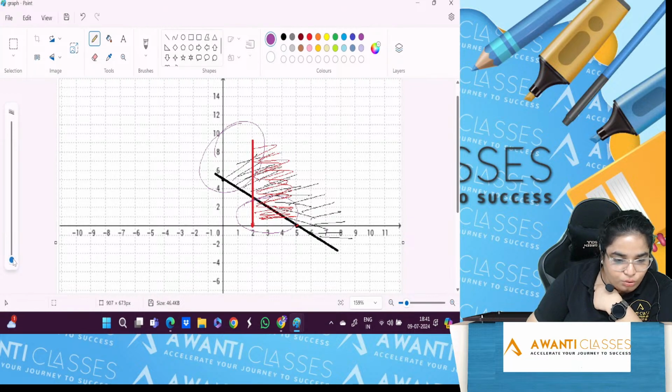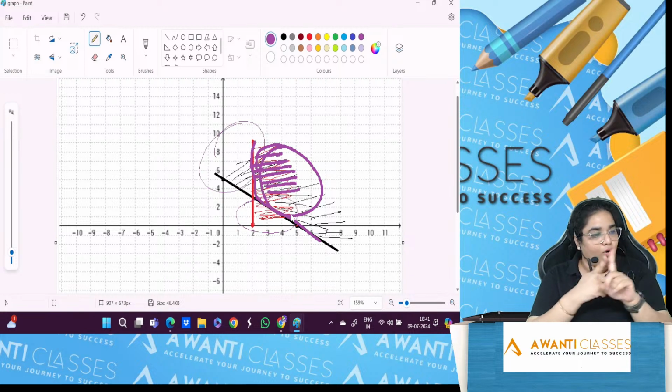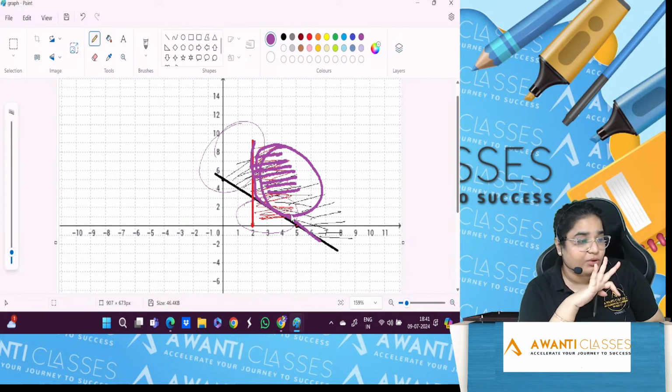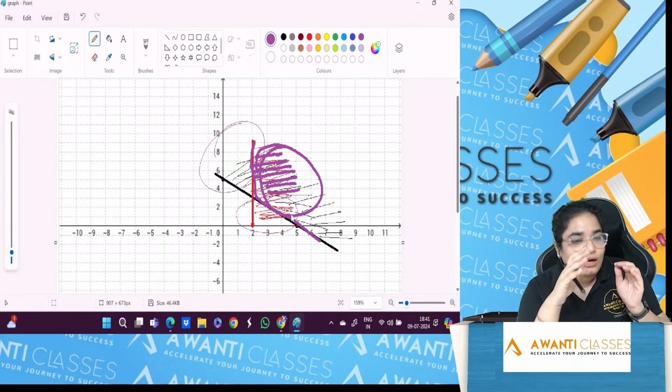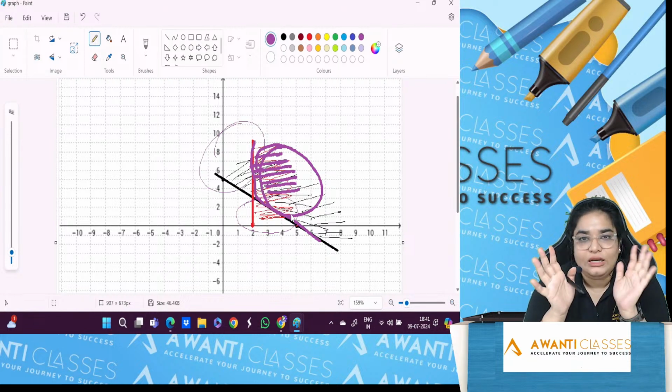But in this area here, both red and black are there, correct? So whenever there is an area of common solution, whatever is shaded by both inequalities, or if I am taking 3 or 4 equations, whatever is the common shading, that common shading area will work for all of the inequalities.